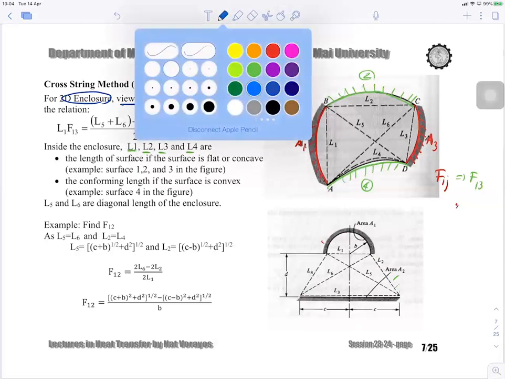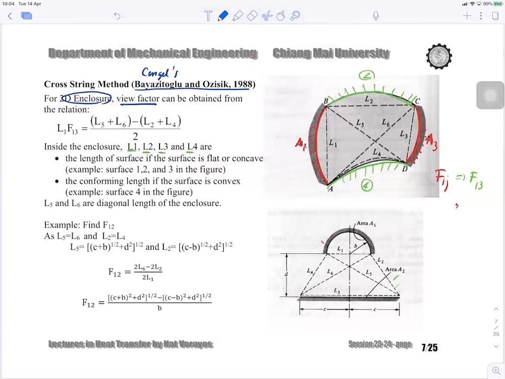Okay, let me find the blue one. L1 is the L. What is the L? L is the length of the surface, if the surface is flat or concave. For example, if surface 1 is flat, the length L would be this one.